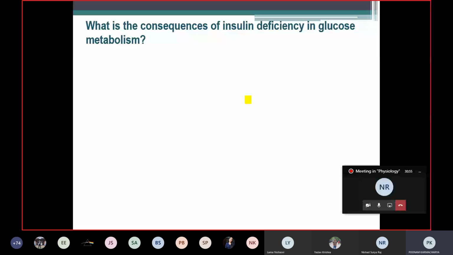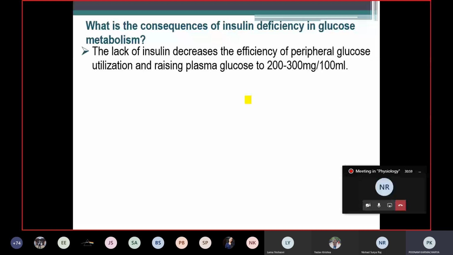The lack of insulin decreases the efficiency of peripheral glucose utilization. As there is no insulin, there will be no utilization of the glucose because GLUT4 will not be embedded in the cell membrane, and because of that, the cell will not be able to take up the glucose.